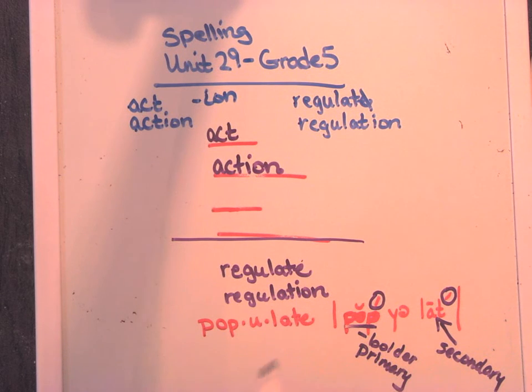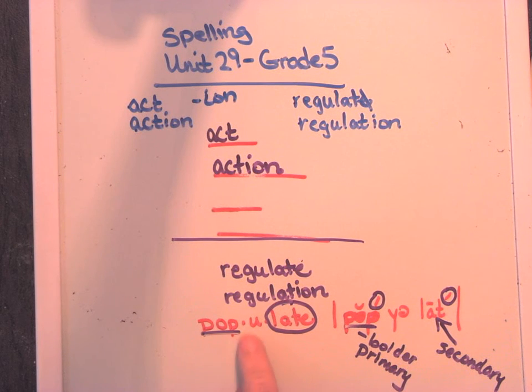So when I look at the pieces of my word populate, I can figure out that the primary stress is going to be pop, and my secondary stress is going to be late.